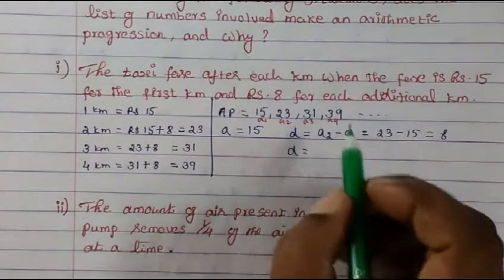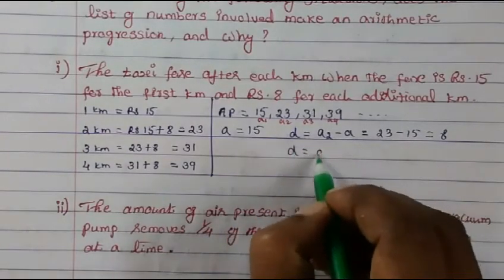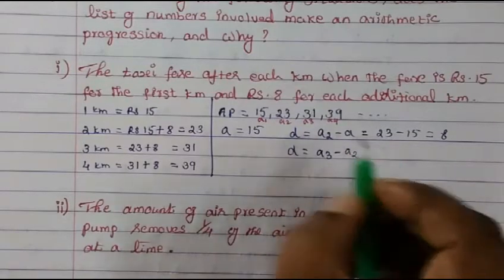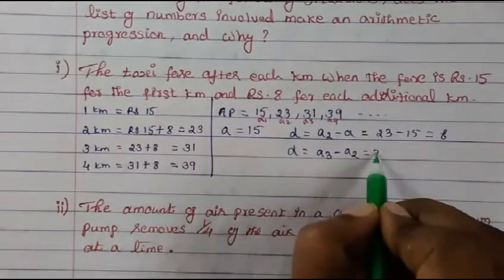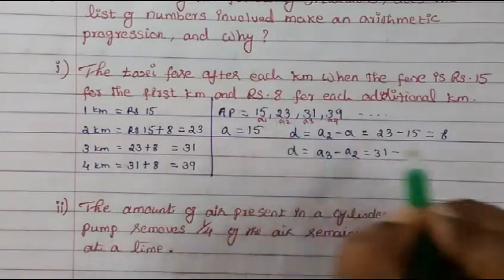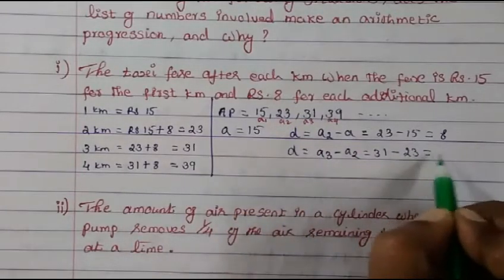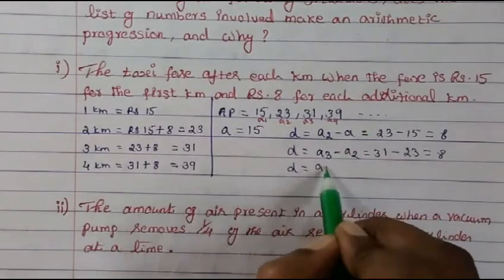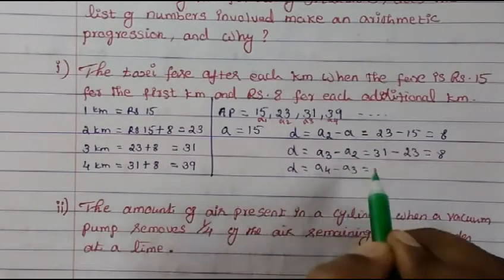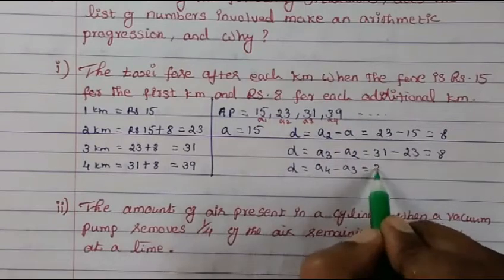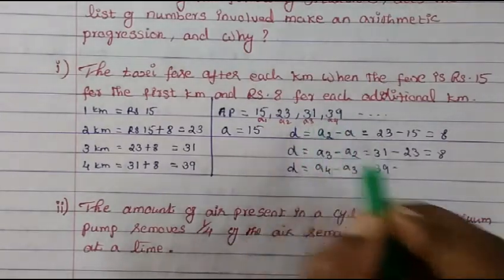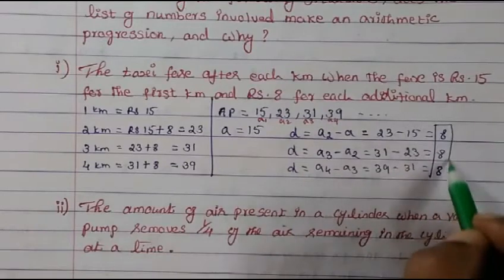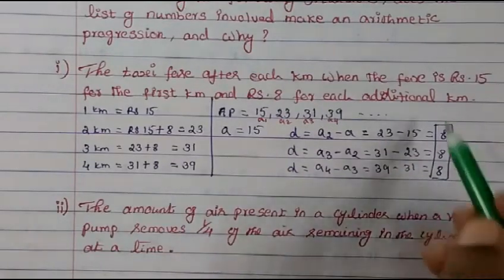Next let us find out for A3. A3 minus A2: A3 is 31 minus 23, so that will give us 8. Again one more, let's find A4 minus A3. A4 is 39 minus 31 gives us 8. So that means the common difference is the same.